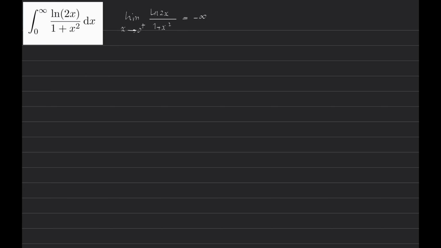Based on what you have learned in your calculus course, you know that to treat this integral, you have to consider two integrals, so that each one of them is improper of only one type. You need one integral from 0 to some positive number c of ln of 2x over 1 plus x squared dx, and the other integral from c up to infinity of ln of 2x over 1 plus x squared dx.